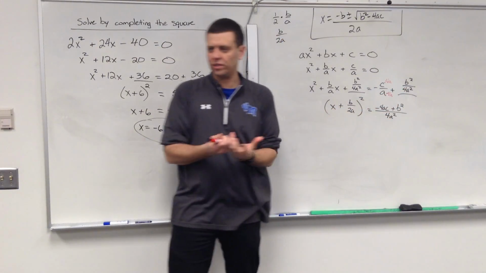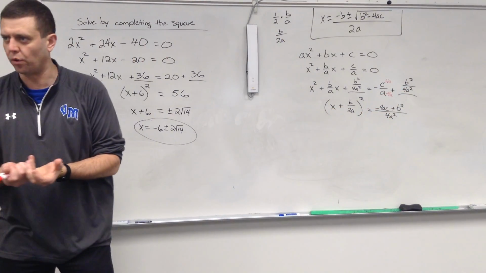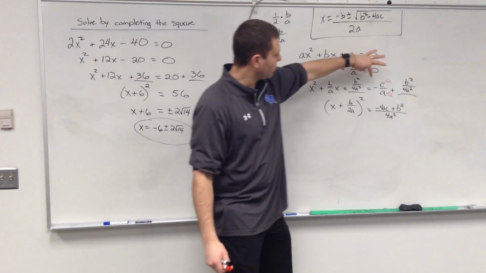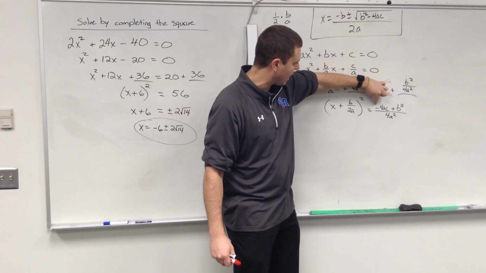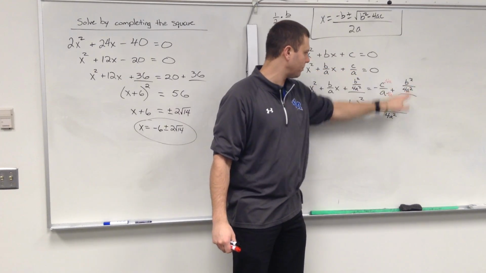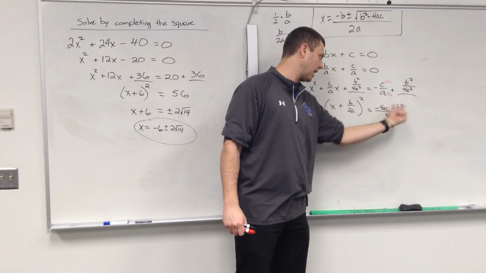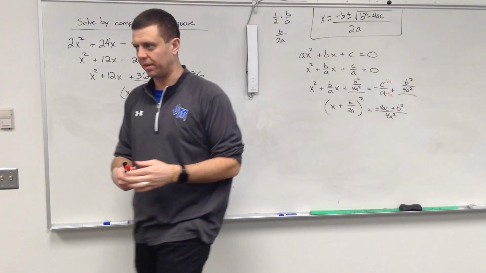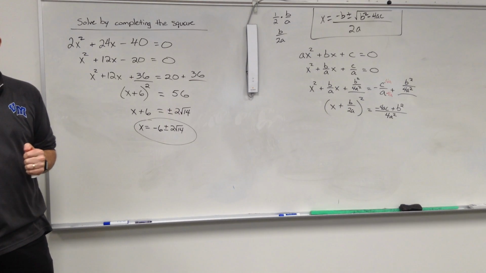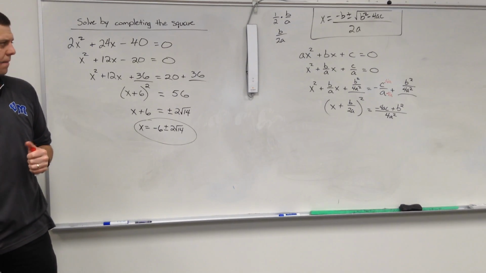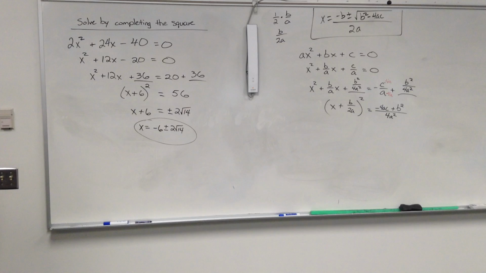So I can write it as one single fraction, all over 4a squared. My numerators are different, they're not like terms, but I have a negative c times 4a, which would be a negative 4ac, plus the b squared. And I can just add those together all over my common denominator. Yes, no? Doing okay? Alright.